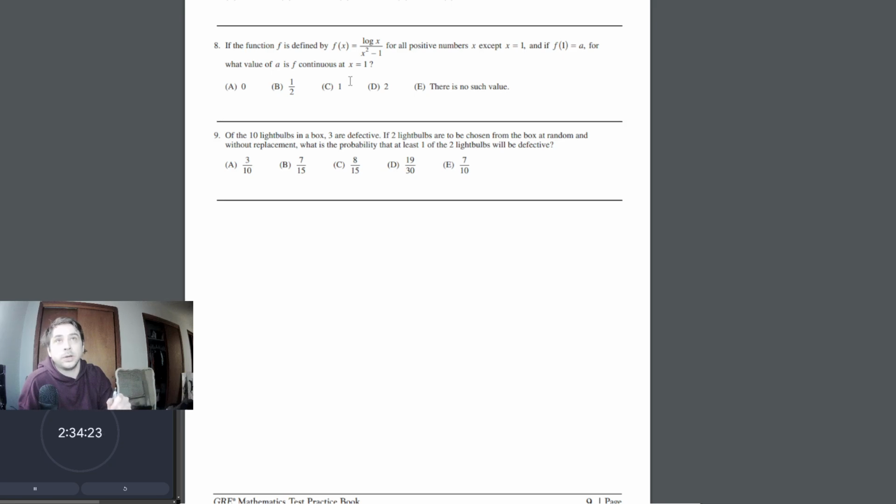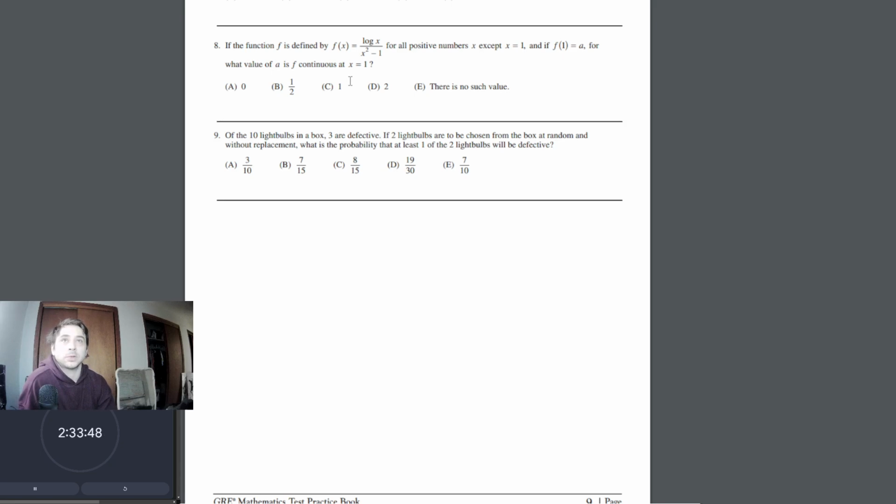If x is 1, log 1 is 0. Top and bottom are both 0. That's where A equals x equals 1, not a positive number. I mean, just by the wording of it, it would have to be either A or E.